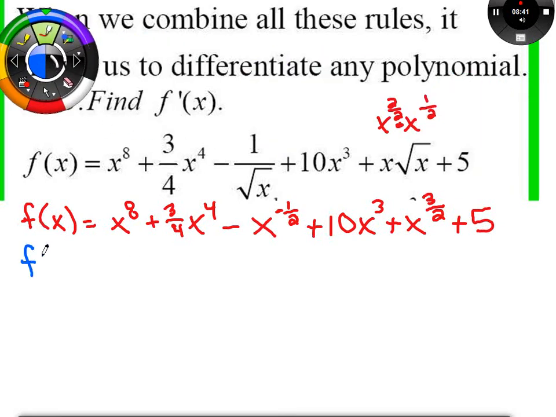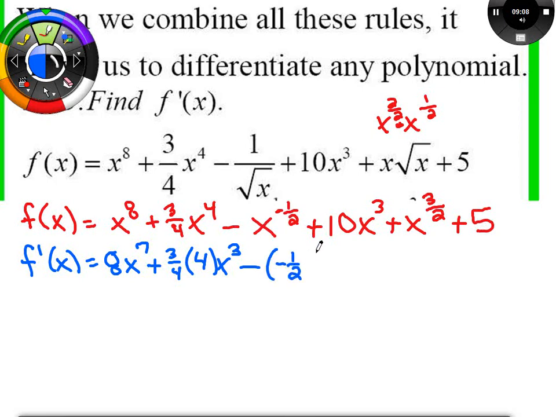So f prime of x equals, we're going to bring the 8 out in front, reduce the exponent by 1, so 8x to the 7th. We're going to carry the 3/4 along for the ride. We're going to bring the 4 down in front, and reduce the power by 1. Then bring this minus sign out in front, so that would be minus 1/2, and then x, and then reduce that by 1.